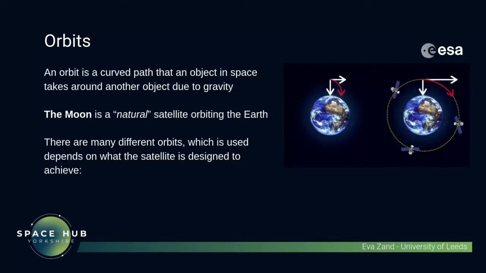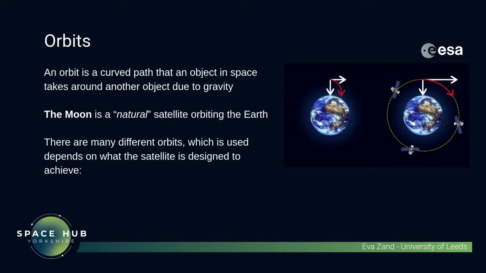So let's get started with the orbits. Basically, every object that travels around the planet is called a satellite, and each complete journey of these satellites around the Earth is an orbit, a curved path around the Earth, which is caused by gravity.